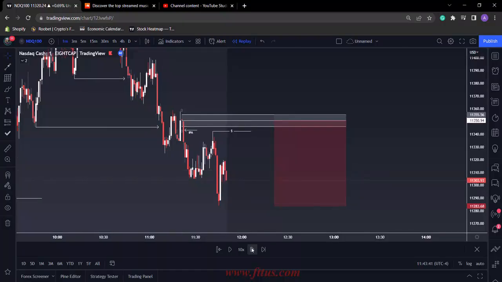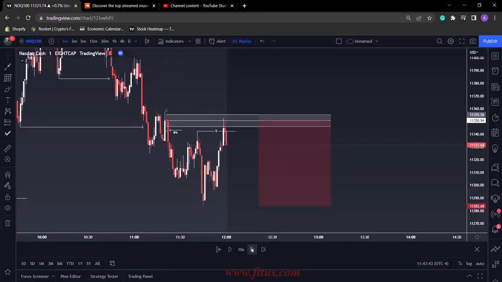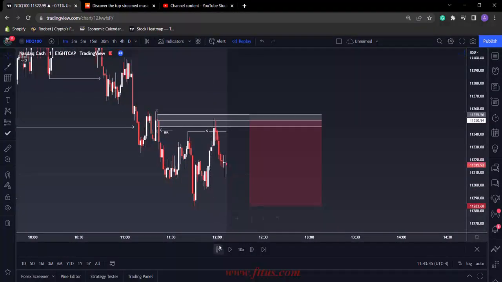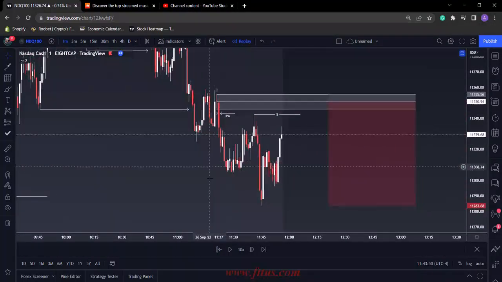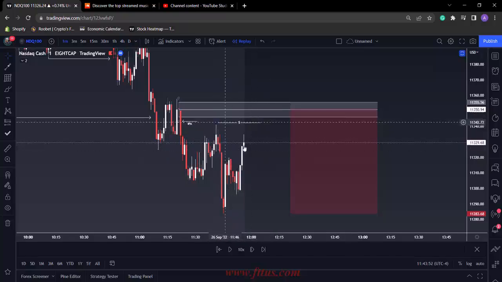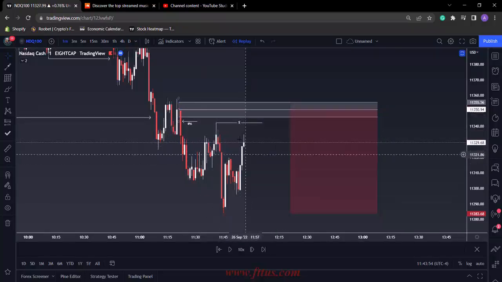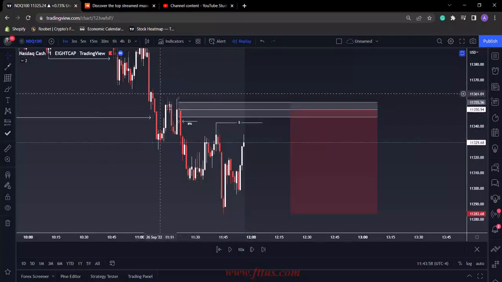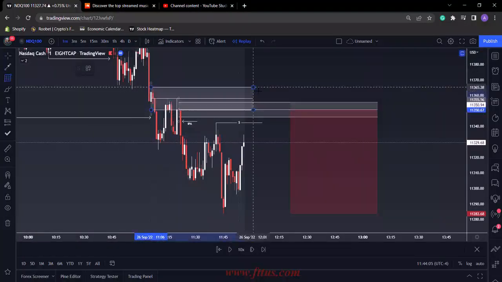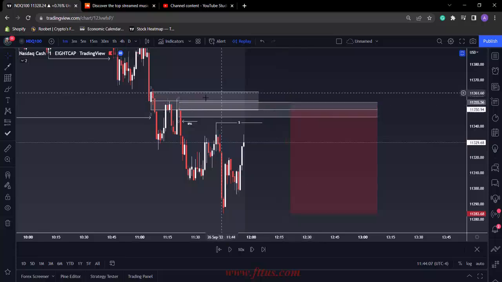Now let's go and see. So let's replay a little bit, my computer just lagged. People were buying heavily inside of here. Now they thought this was a change of character, but the real swing of the move was up here because we mitigated off this level right here, right?